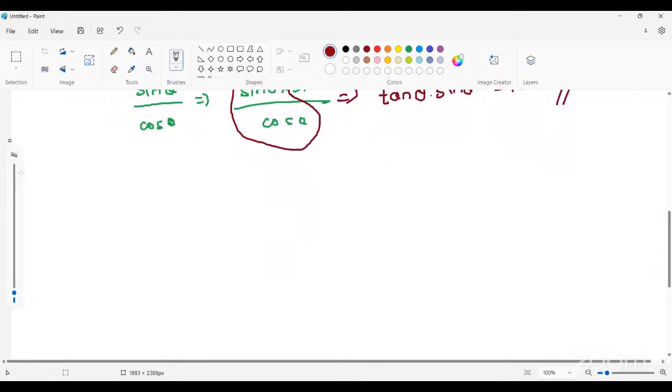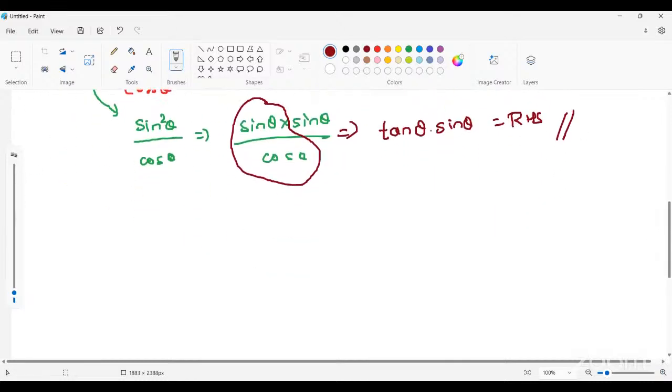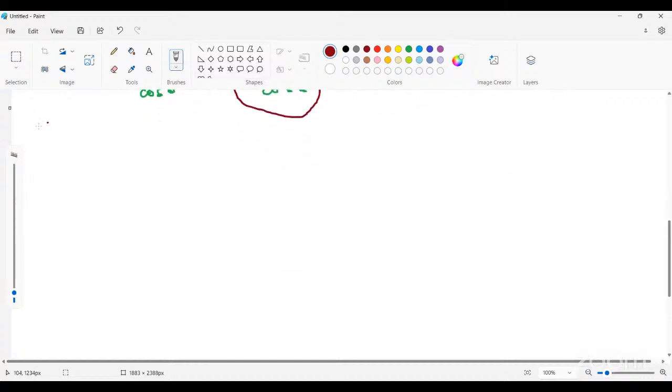Right. So now, our next sum is you have to simplify. It is not a proved sum. This is just simplified. What should we simplify?